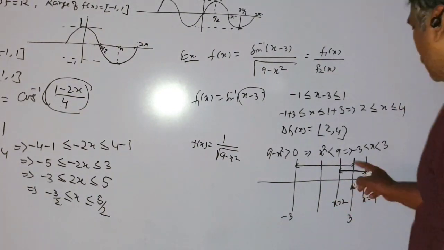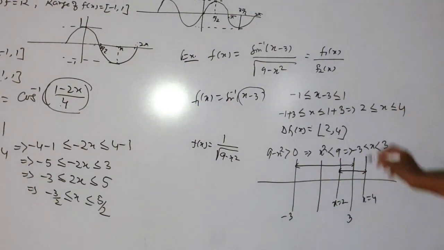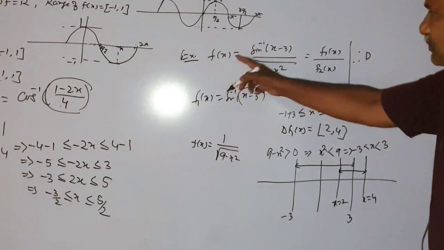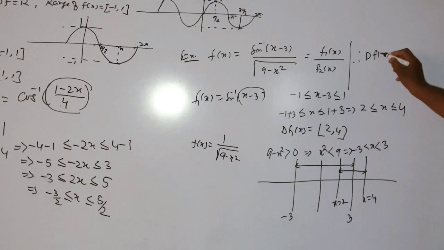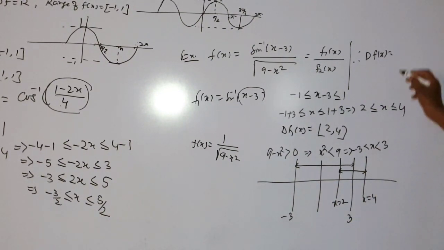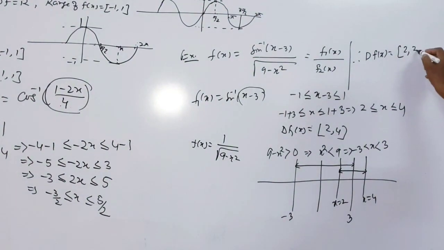Now if you combine these two, therefore the domain of this function f(x) is greater than 2, less than or equal to 3. So 2 to 3. Okay. Domain of the function.